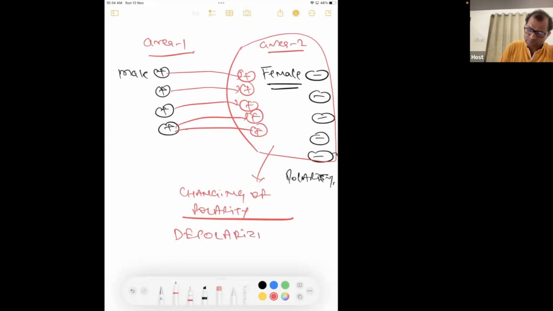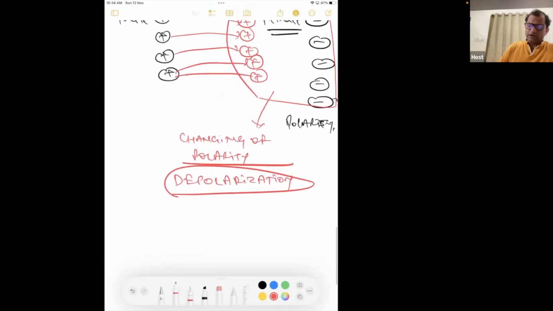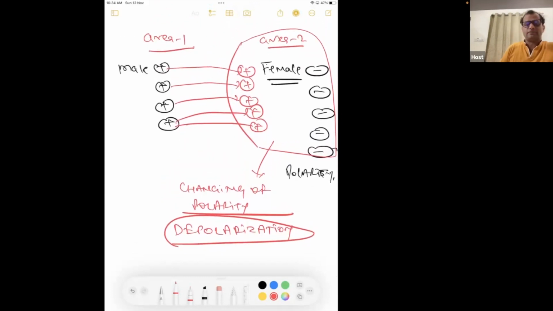So we will use this word depolarization; it means muscle contraction. After the muscle is contracted, it wants to become like earlier. It wants to relax again, to regain the same polarity like earlier. It wants to send the sodium back to area 1.